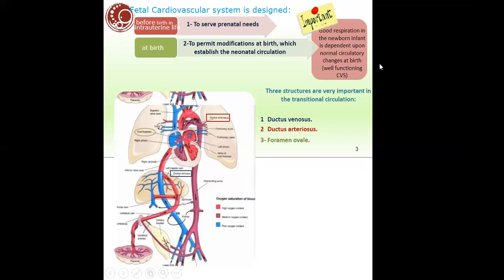So what are the changes which will take place after birth? These are the structures about which we must have a concept.